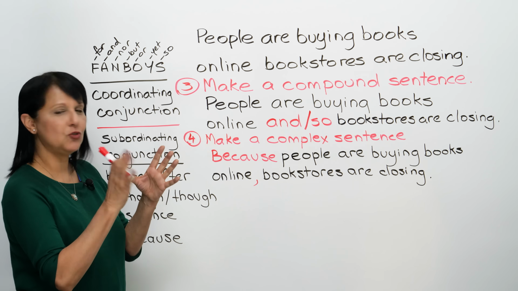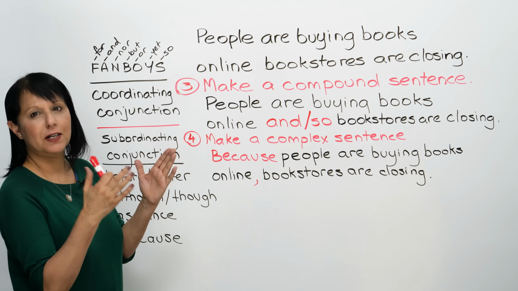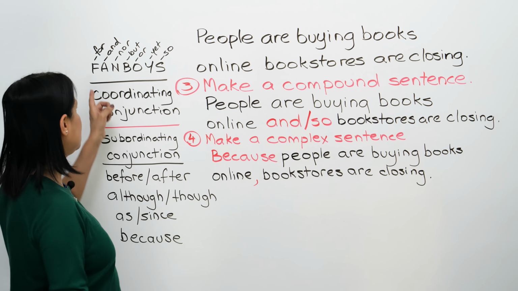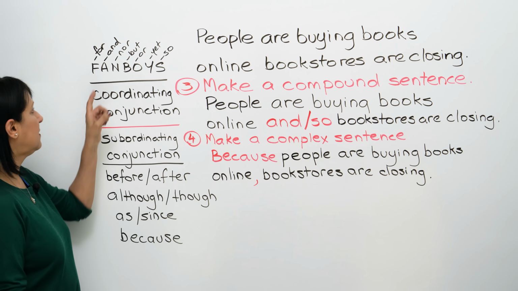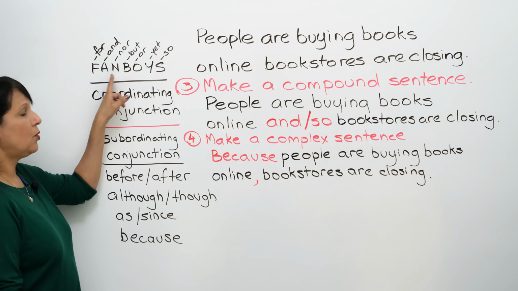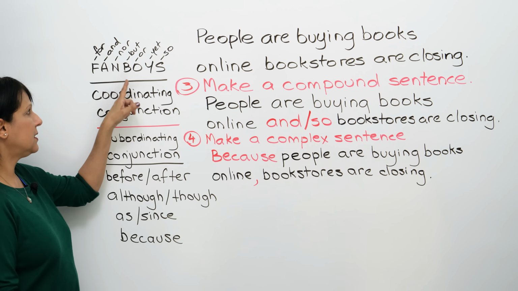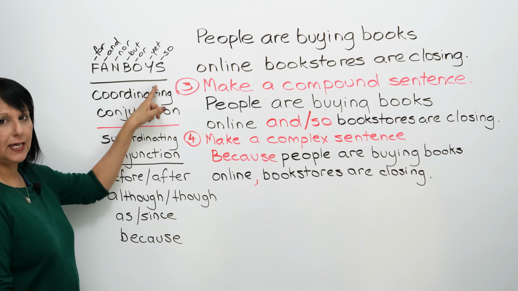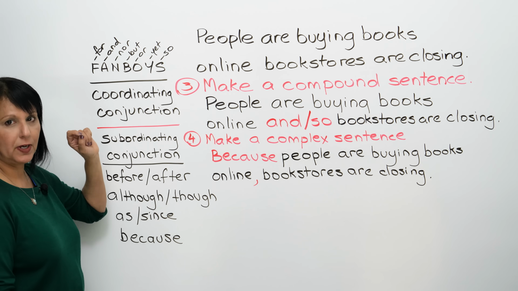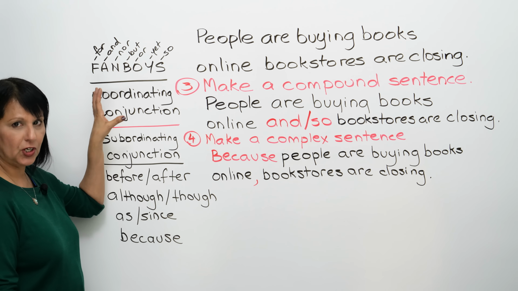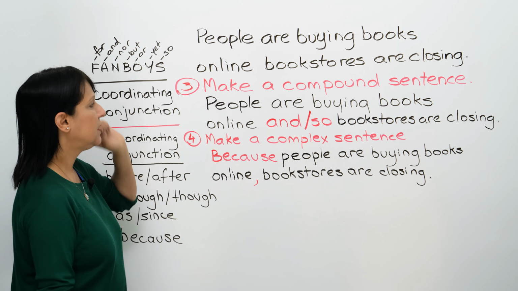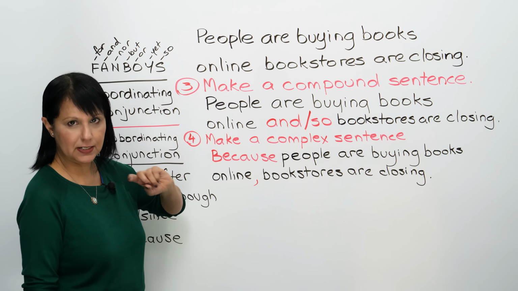And just to remember them, we have the acronym FANBOYS. Okay, so F for, and, nor, but, or, yet, and so. Okay, these are coordinating conjunctions that you can use to create a compound sentence.